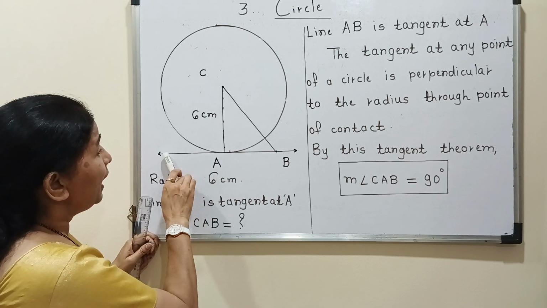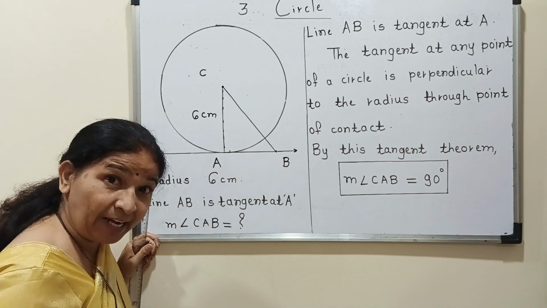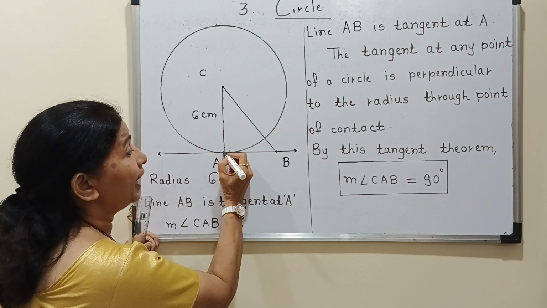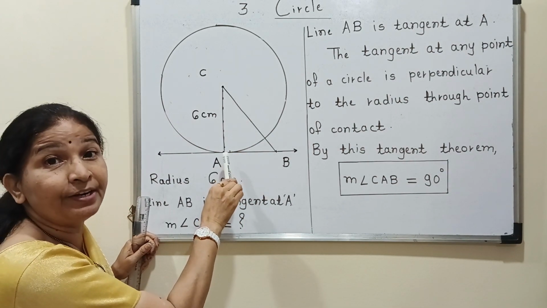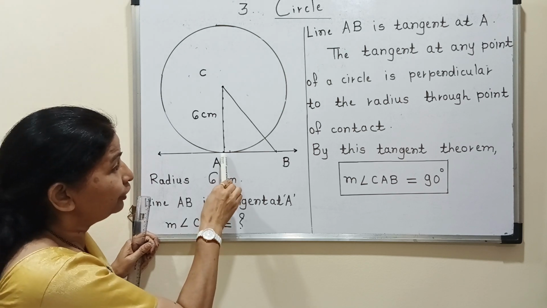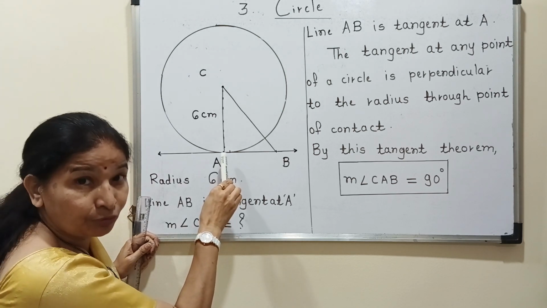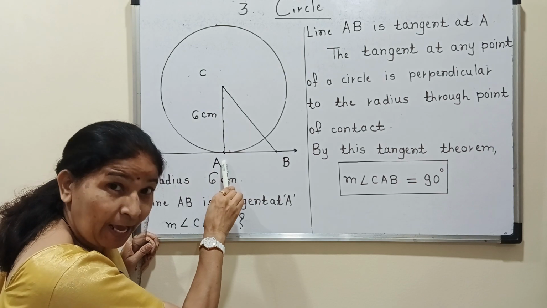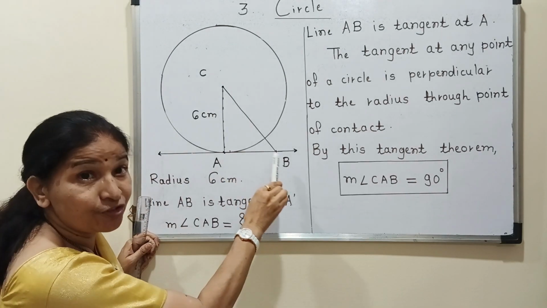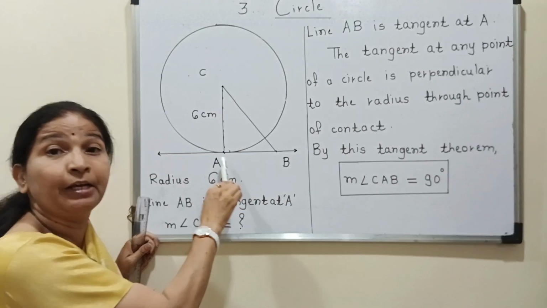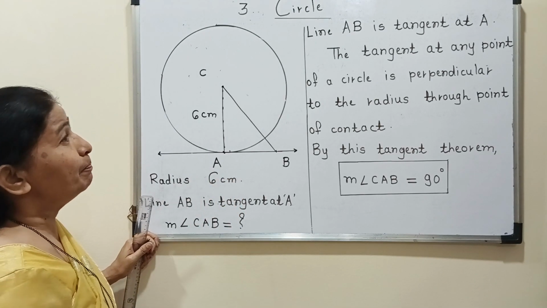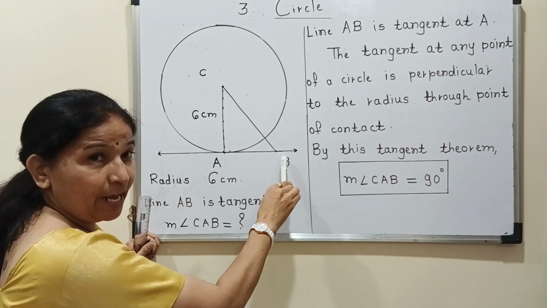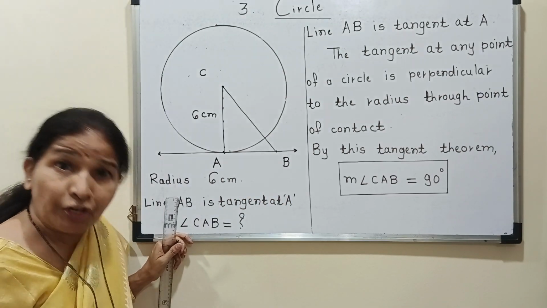Now see, AB is a tangent and this A is the point of contact. See, through this point A, this tangent is touching the circle. Now remember, it means line AB is a tangent.